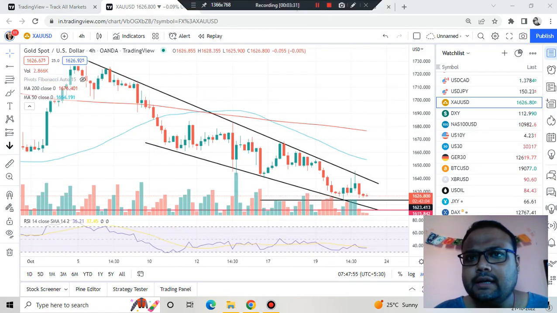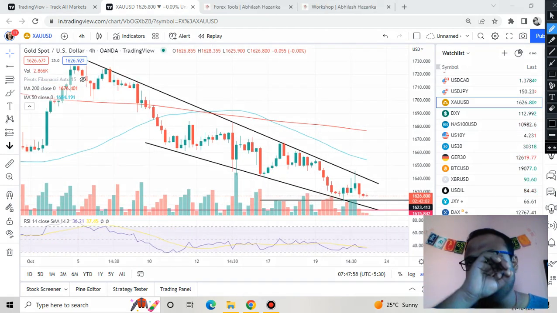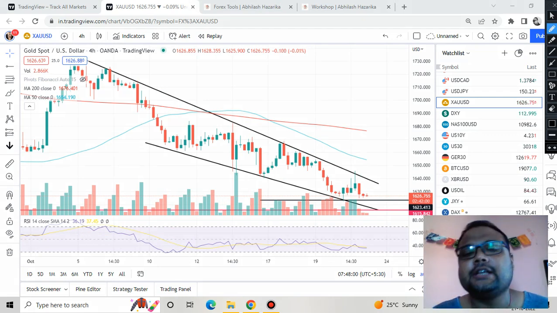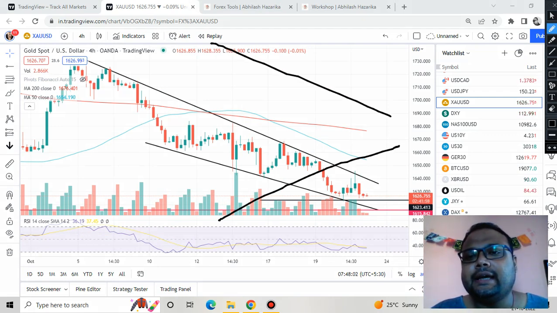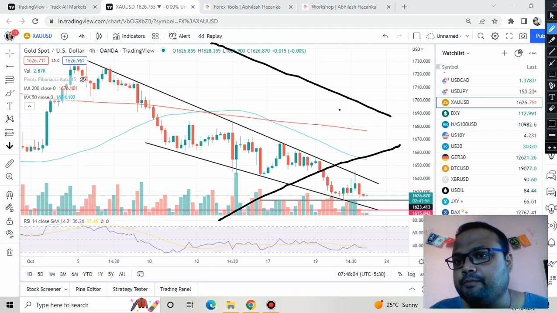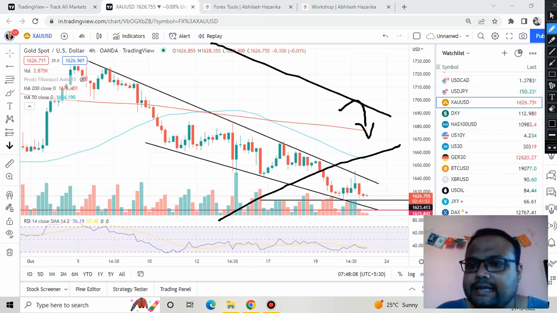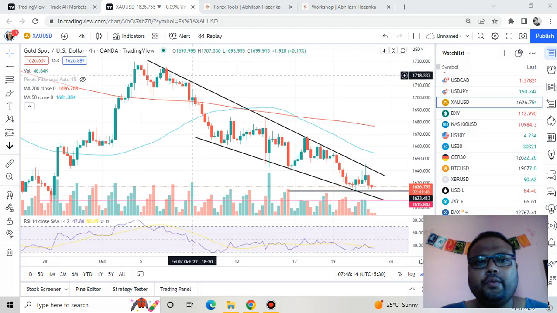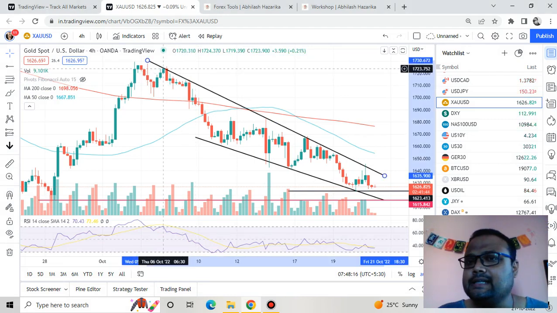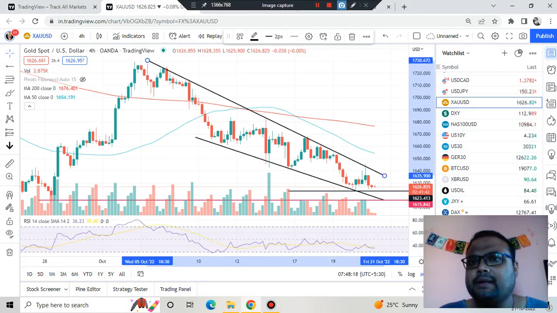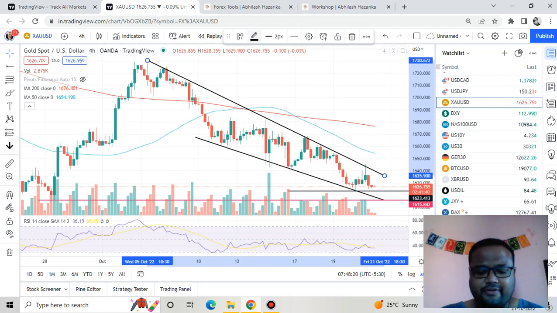And on the other hand, if the market goes up, as we have just seen on the chart of DXY, the DXY is standing at the trend line at the top. So if DXY starts coming down, in that case you will see some recovery on the chart of gold as well. On the chart of gold, we have a trend line at the top which is acting as a dynamic resistance also, but I don't think this trend line is a very good resistance.